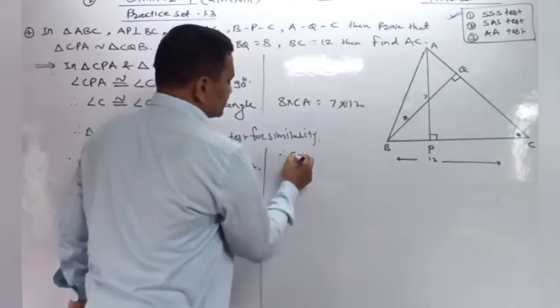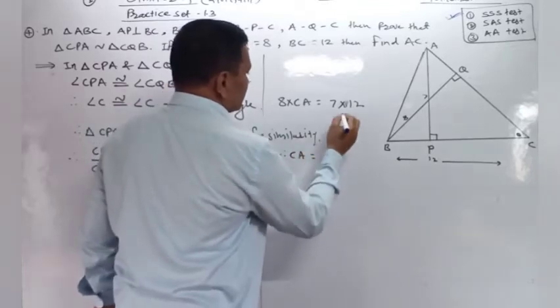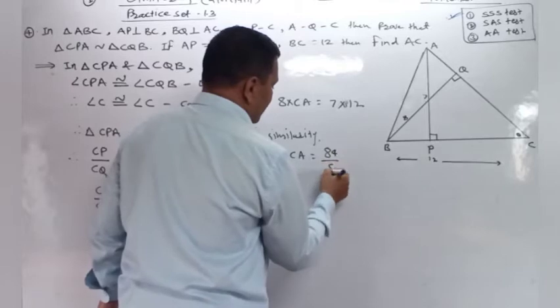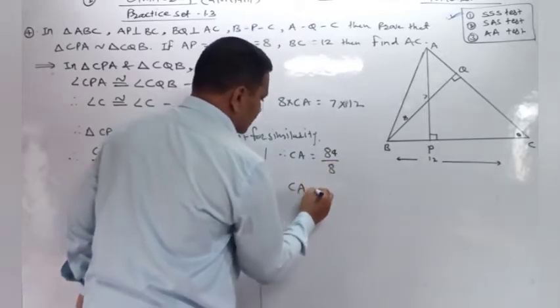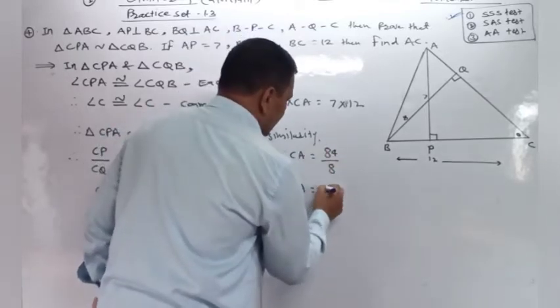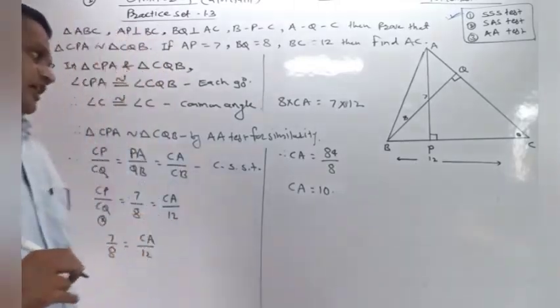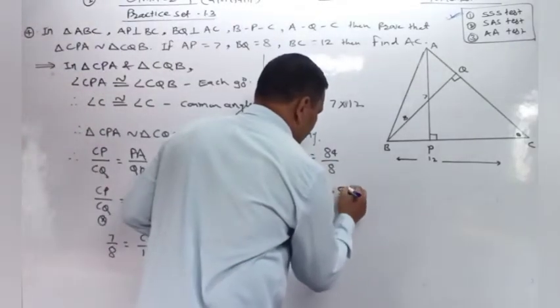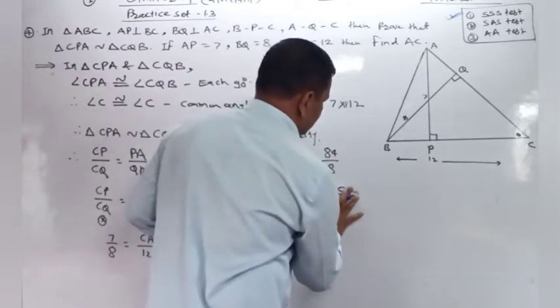That is CA equals 84 divided by 8. Now CA equals 10.5 units.